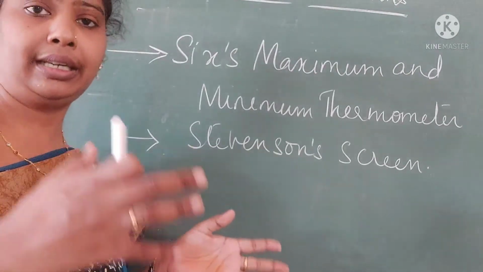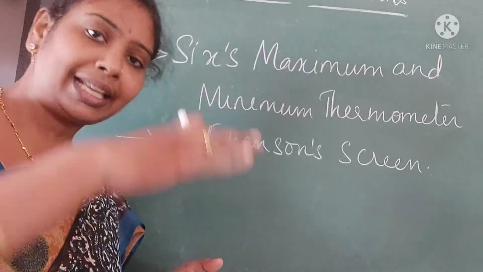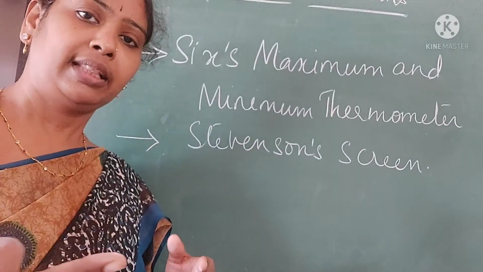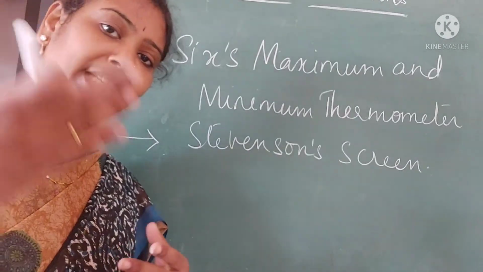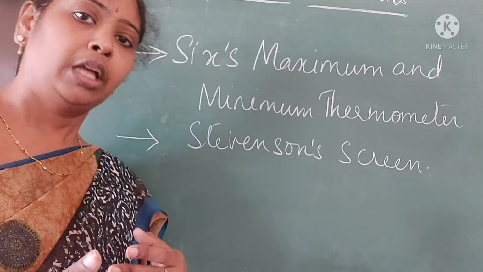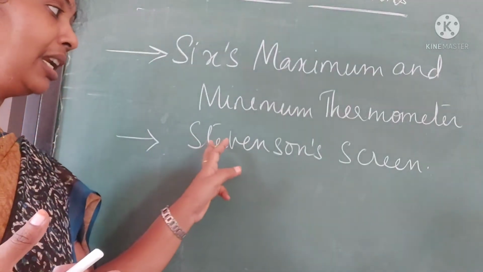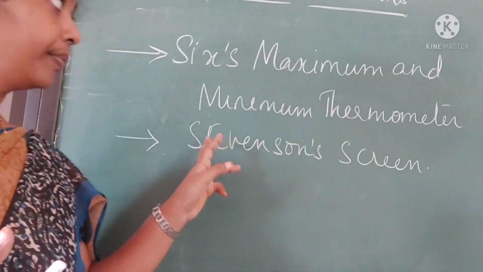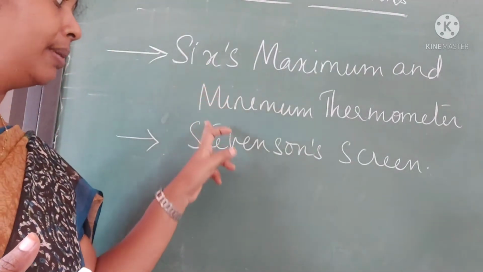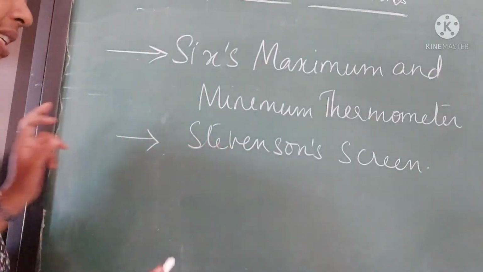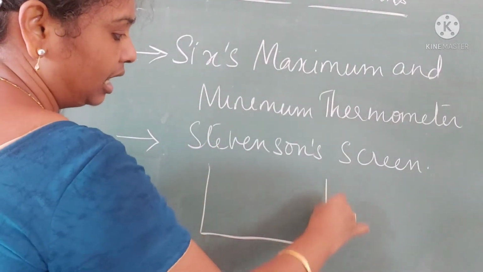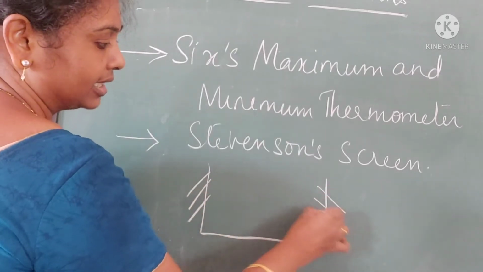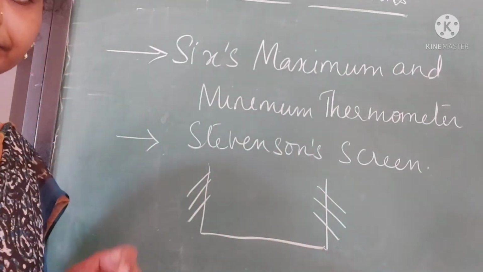If it is under trees, they record a temperature less than the correct temperature, and if it is deserts and the like, they record a temperature more than what it is. So Stephenson's screens are generally kept in open spaces, right? This Six's maximum and minimum thermometer is kept in a Stephenson's screen. This is a box painted white with ventilators on either side.